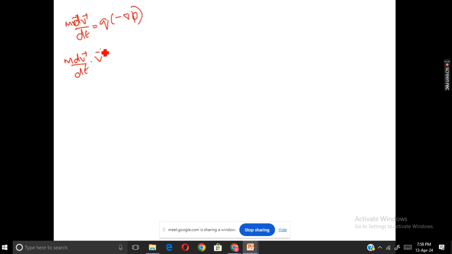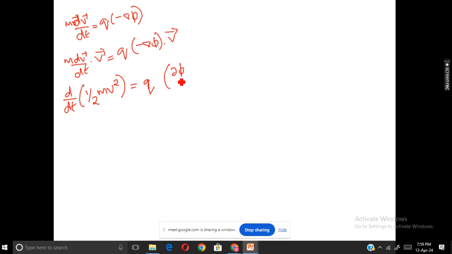So m dv by dt dot v is equal to q into minus del phi dot v. So this can be written in the form d by dt of half m v square is equal to q into del phi, where del phi is dou phi by dou x i plus dou phi by dou y j plus dou phi by dou z k, dot v.